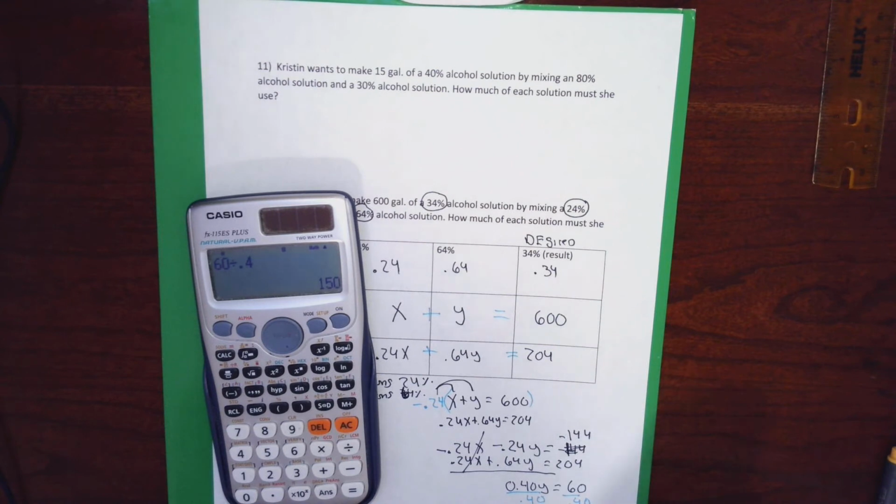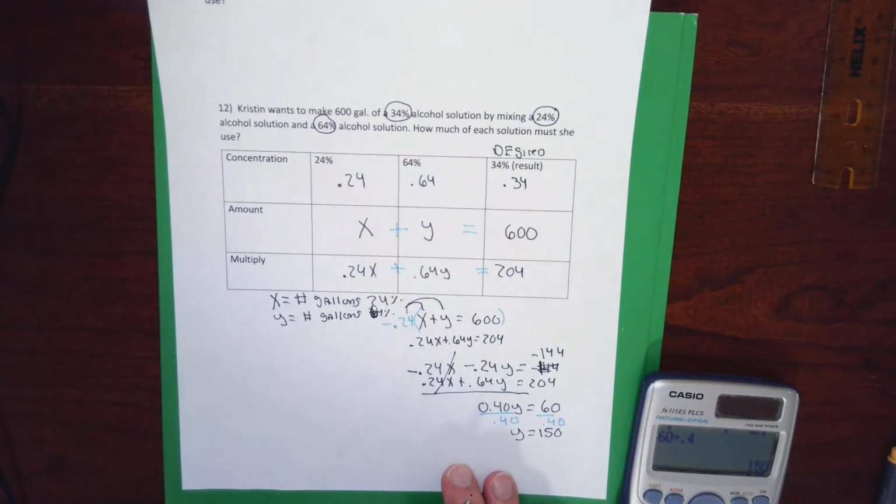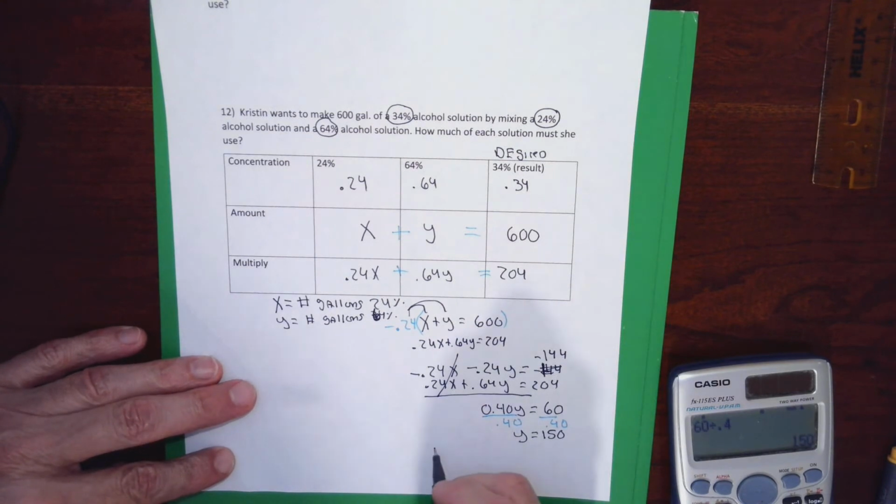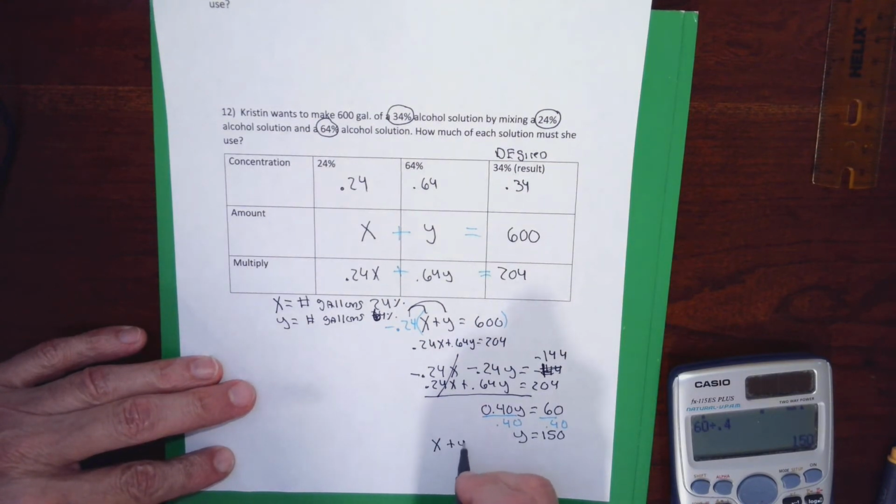So I need 150 gallons of the 64%, and it went off the screen. So part of my answer is 150 gallons of the 64%. I'm going to use the equation, if I can't do it in my head, to solve for x. I'm going to use x plus y equals 600.